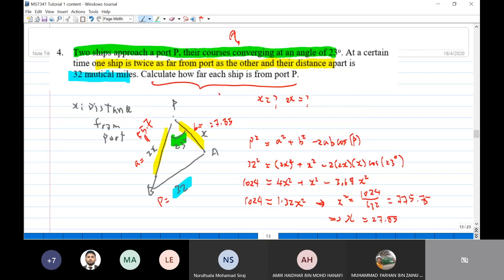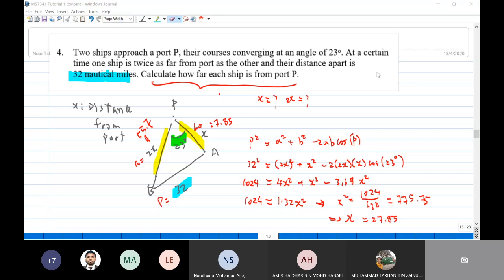question 4. Okay, I'm going to start over again. So okay, question 4, right? So let me write this one, and then interpret the question for you, right?